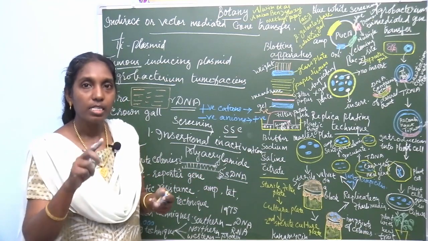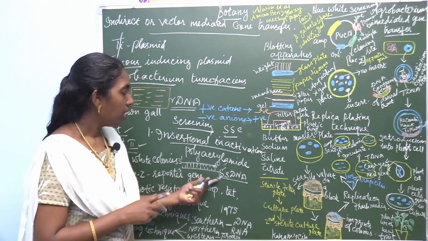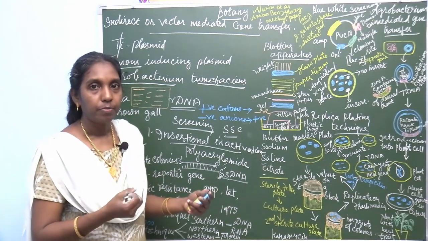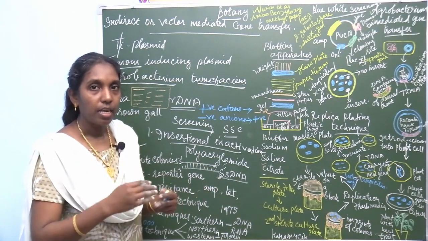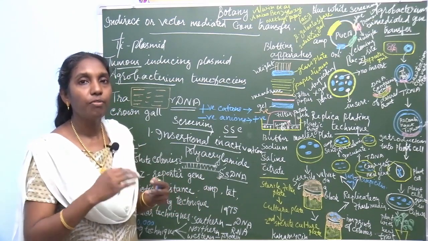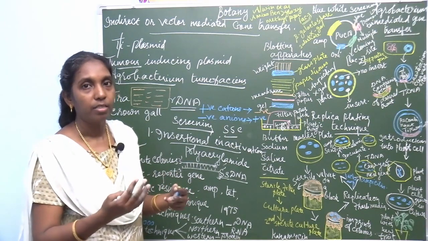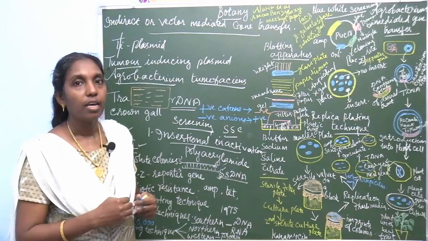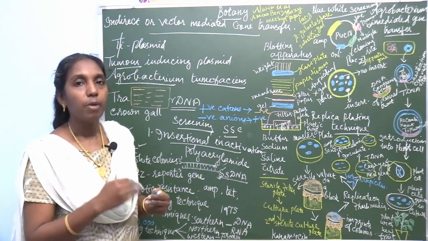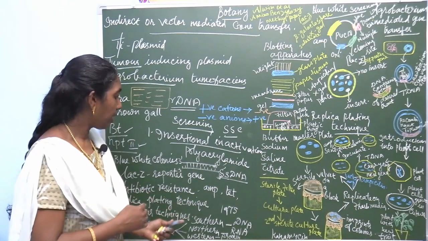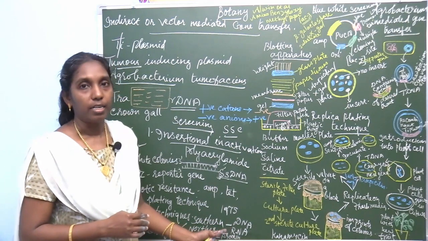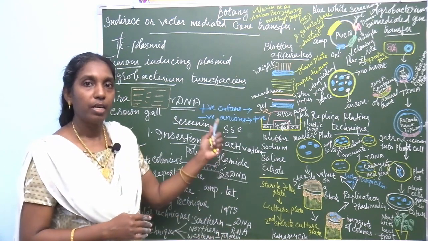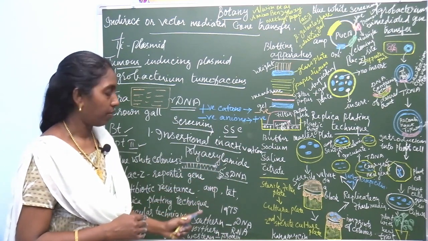Then ssDNA is formed and trapped. Then hybridization of DNA forms the complementary pair. Then it is detected as an image by autoradiography. This technique was demonstrated by Southern in the year 1975.